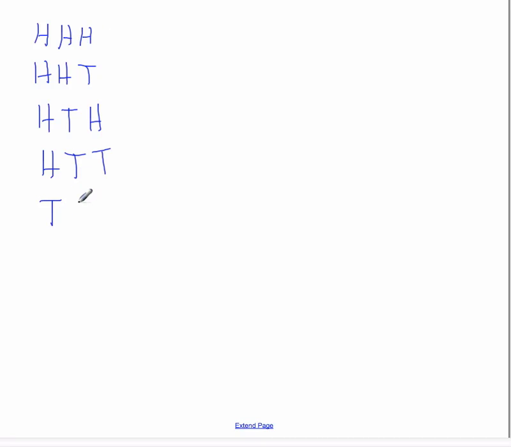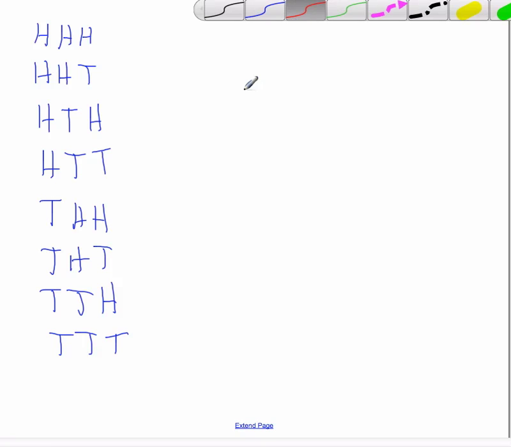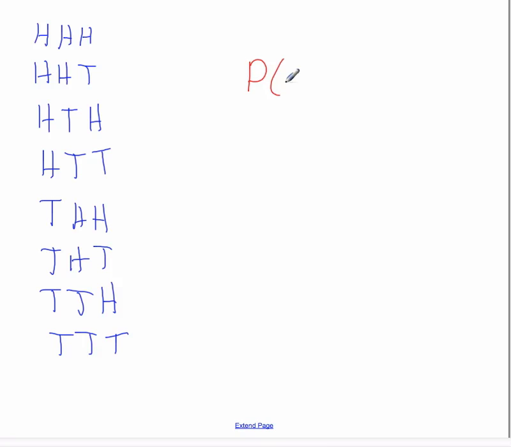So tails, head, head. Tails, head, tail. Tails, tail, head. And all 3 tails. So there's 8 different possible things that could happen. So if you want to work out a probability, let's say, what's the probability of getting 3 heads? There's one outcome with 3 heads, so that's just 1/8.